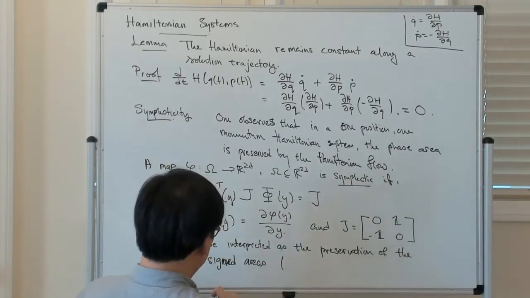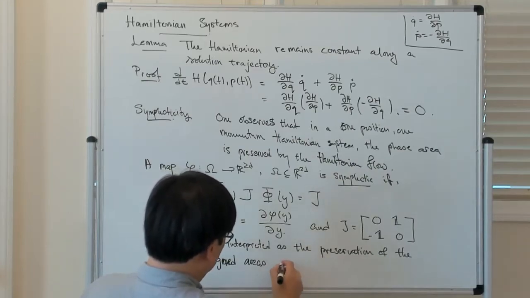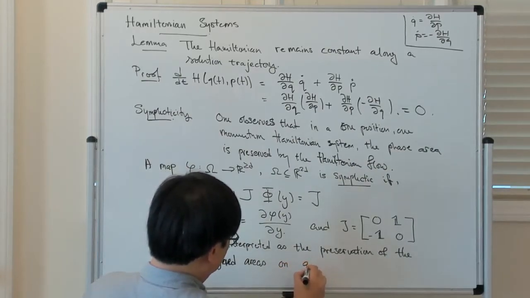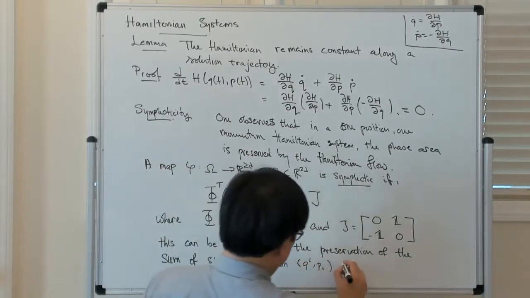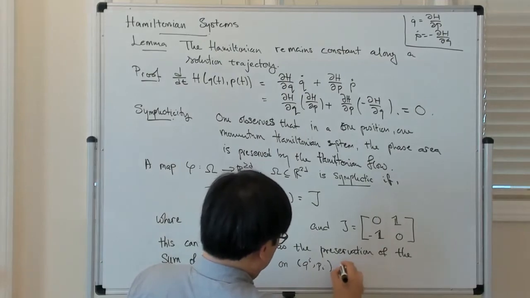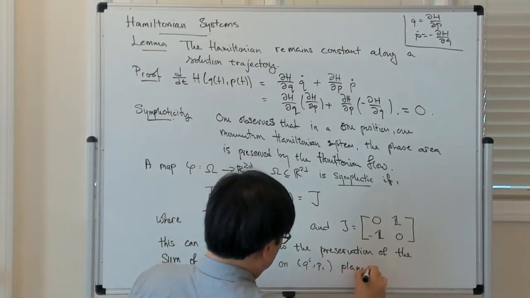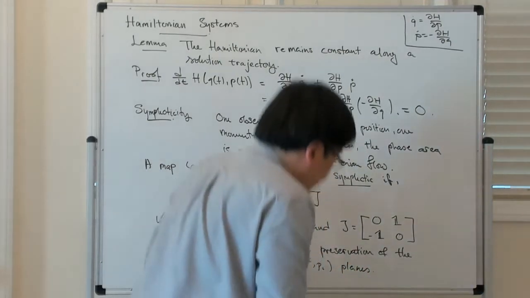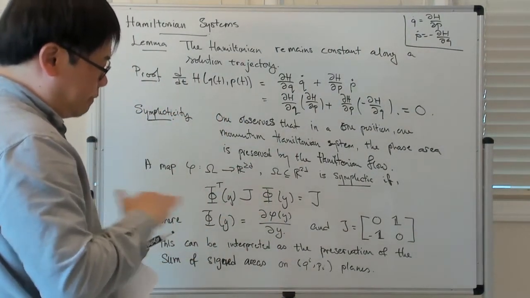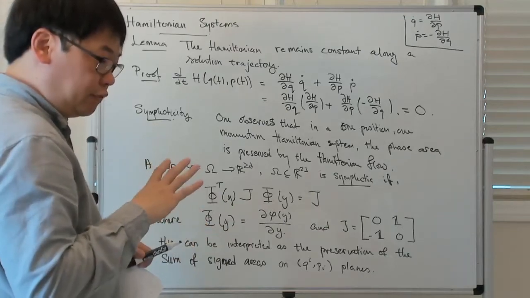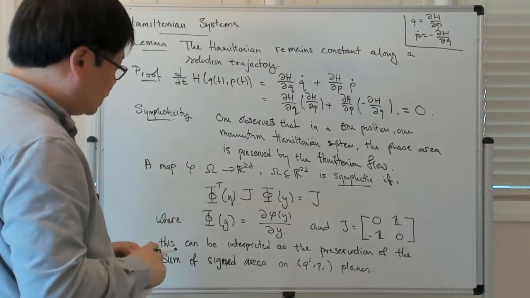So you have the sum of the signed areas on the Q_i, P_i planes. You have a 2d dimensional space with these matched planes, which have to do with the matched positions and momenta.